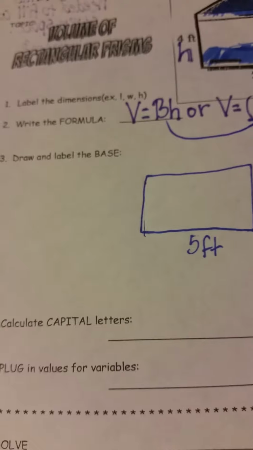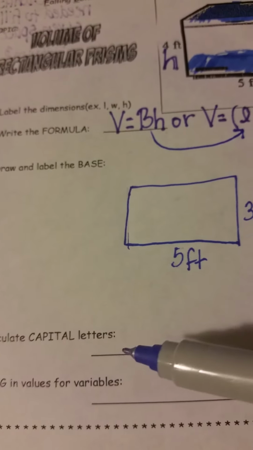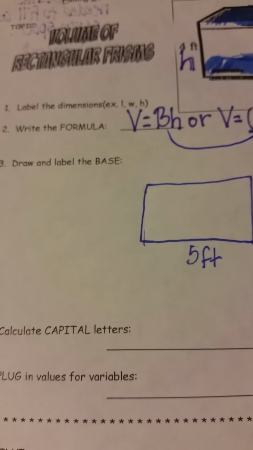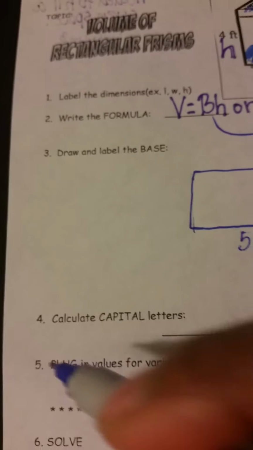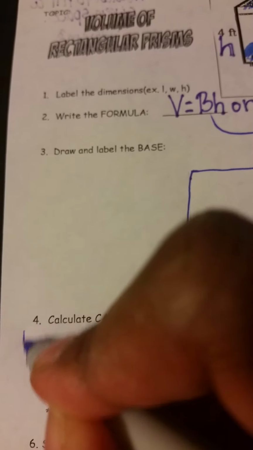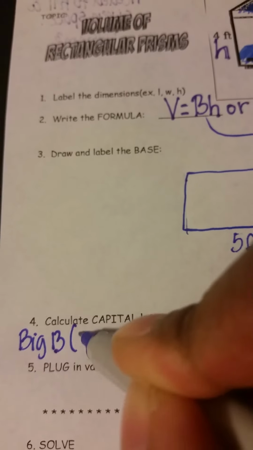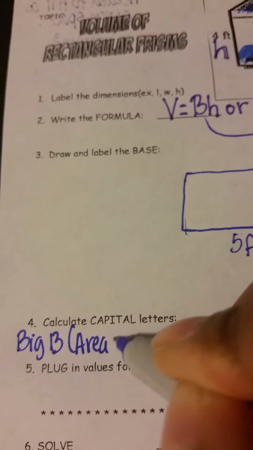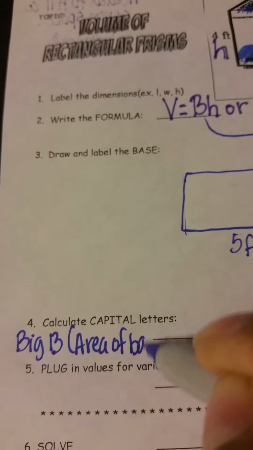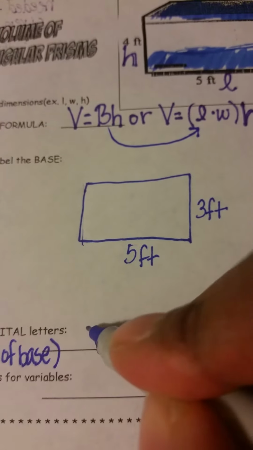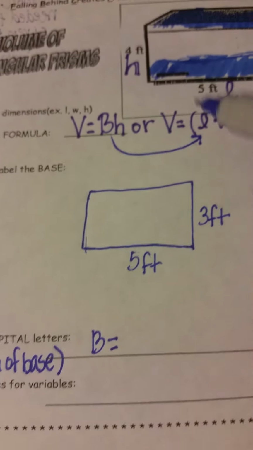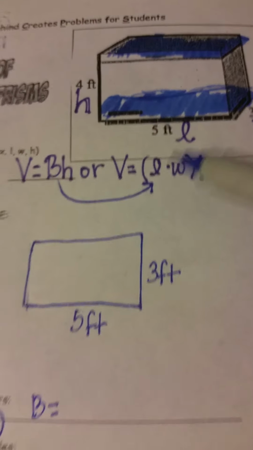Okay, now the next step is to calculate the capital letters. Now the capital letters, that's going to be big B, which is the area of the base. Okay, so big B, and up here we broke it down as length times width.